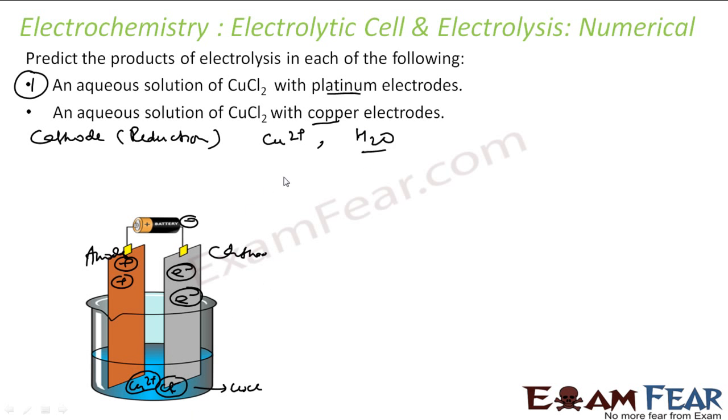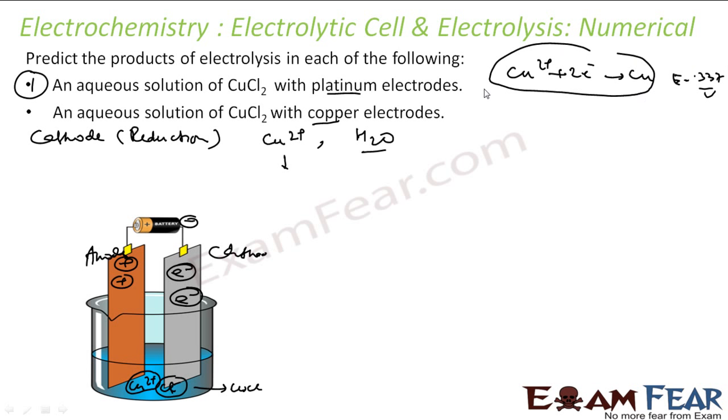If you talk about the copper ions, the equation is Cu2+ takes 2 electrons and becomes copper, with E of 0.337 volt. In fact, this is a spontaneous reaction on its own. Copper ion reduces on its own to become copper.